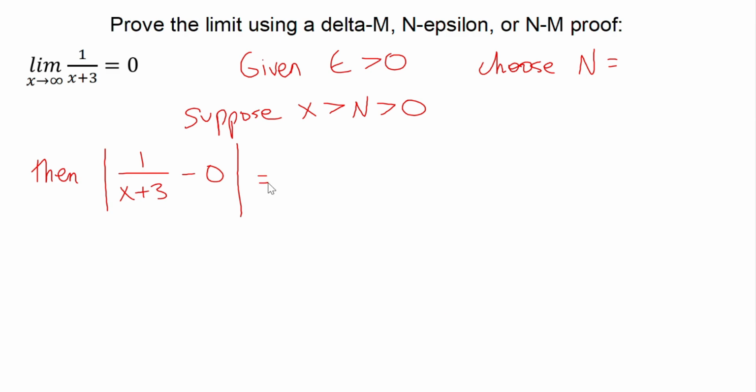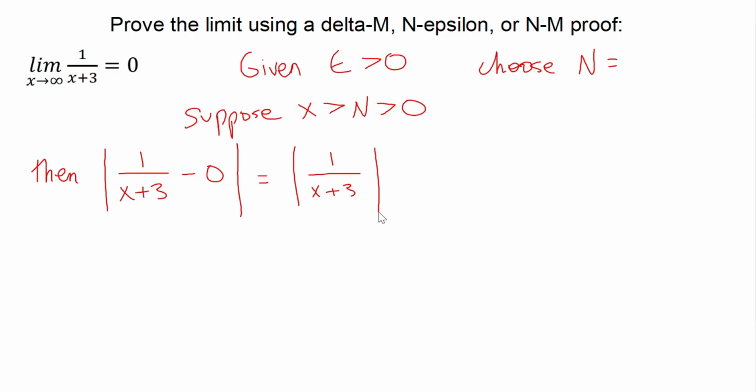We can immediately just eliminate that minus 0, just make this 1 over x plus 3. Right? And then, well, then we need to just kind of build in an x plus 3. And we also need to think about what we know about this limit. This limit is as x approaches infinity. Right? So if x is approaching infinity, we know that we're going to have positive x values eventually.